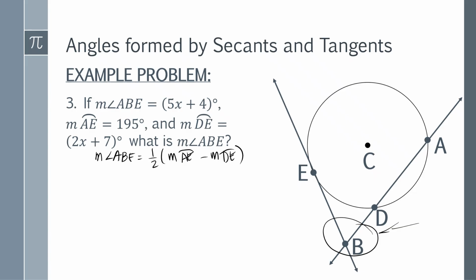So the measure of the angle ABE here is 5x plus 4 equals 1/2 the measure of major arc AE, which is 195 minus, and remember, this is a common mistake for all the students there, the measure of arc DE, which is 2x plus 7. Please do not forget to put a parenthesis.